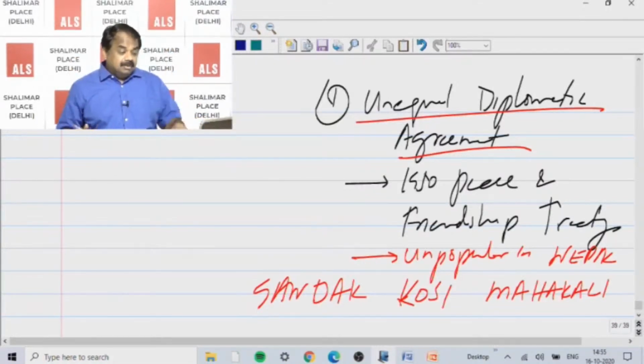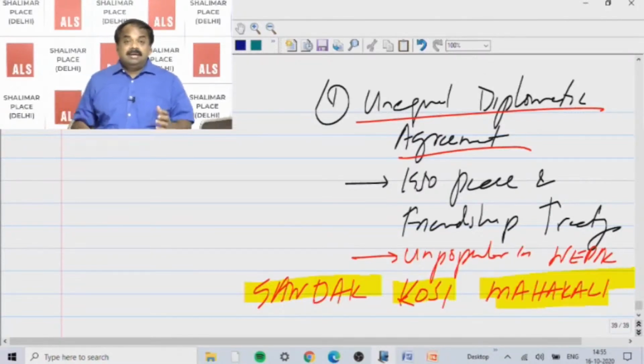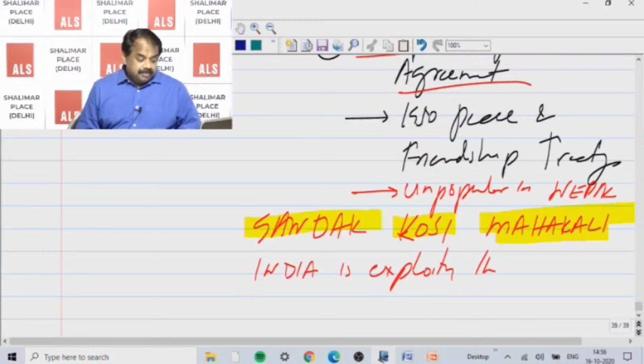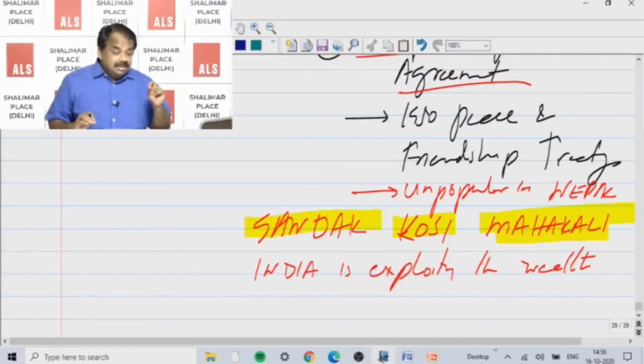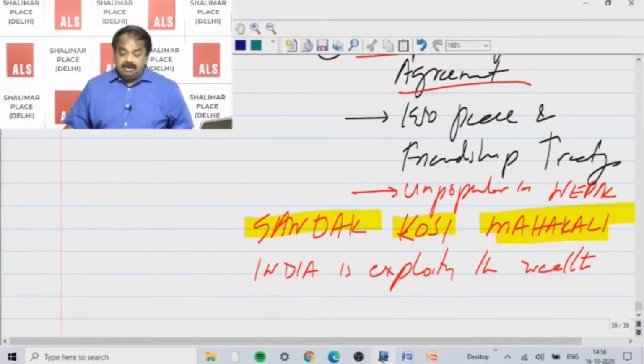But the perception in Nepal is that these agreements are fully in favor of India, and we are exploiting Nepal. India exploits the Nepali wealth. So that is the perception. That is one big issue between India and Nepal, or at least the Nepali perception is we are exploiting it.